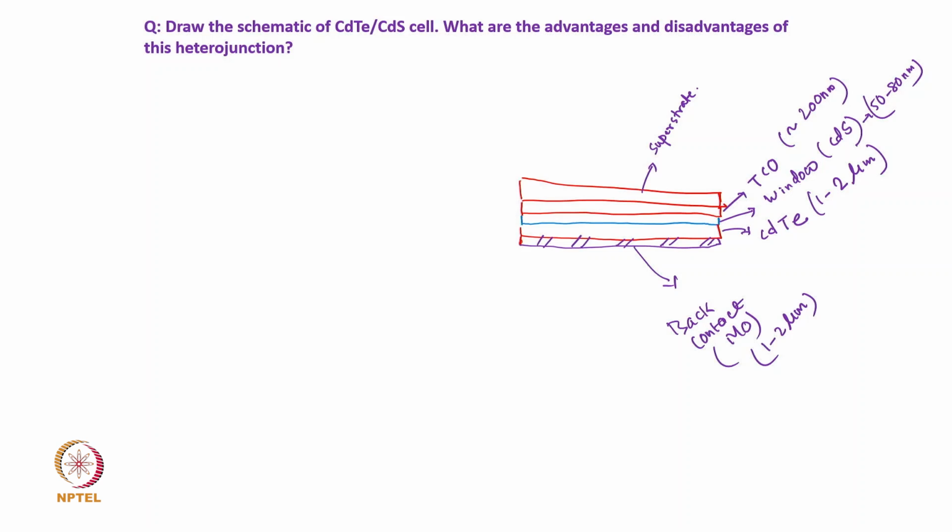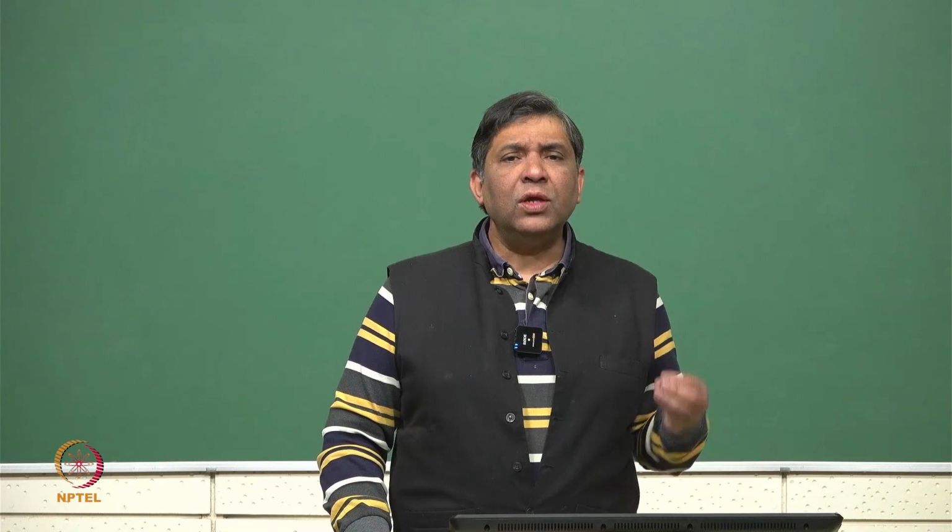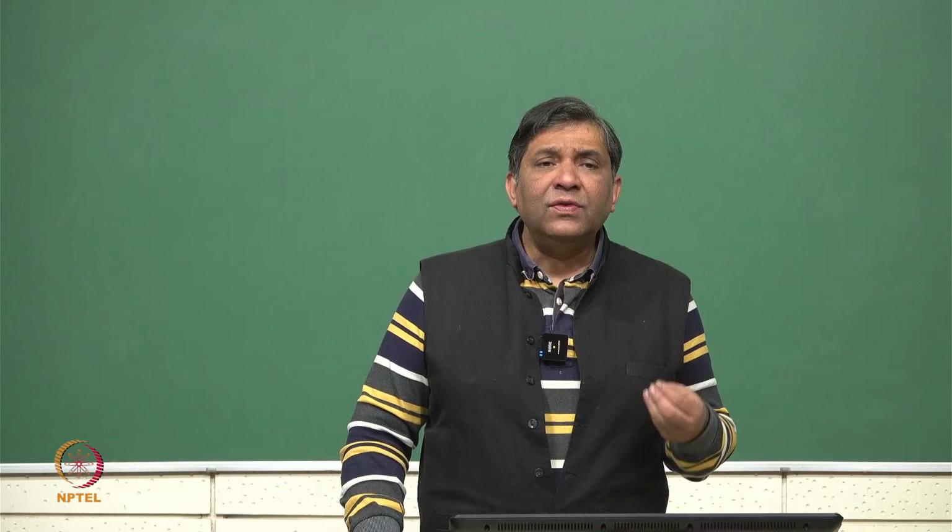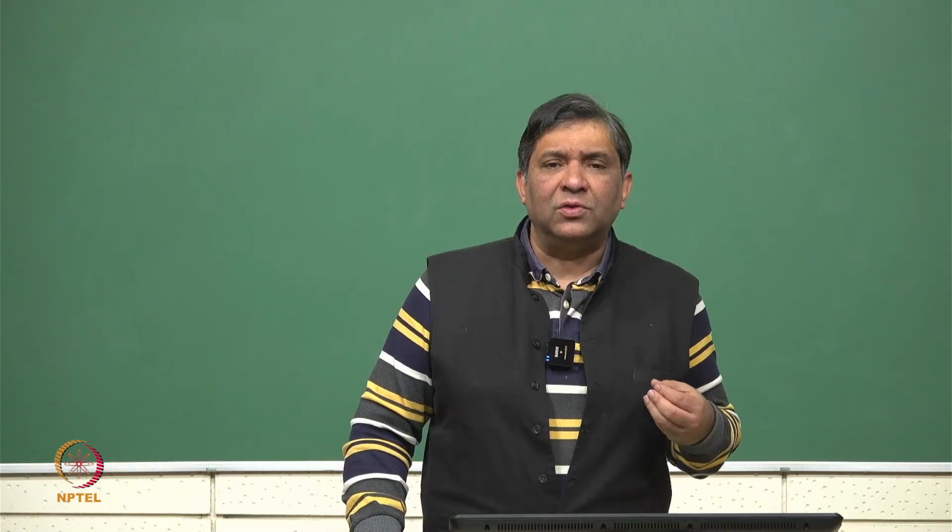Particularly CdTe and CdS, they form the heterojunction. In between CdTe and CdS, the junction is formed which acts as an active junction for the functioning of the solar cell. Okay. So, let us look at the advantages and disadvantages of this heterojunction.